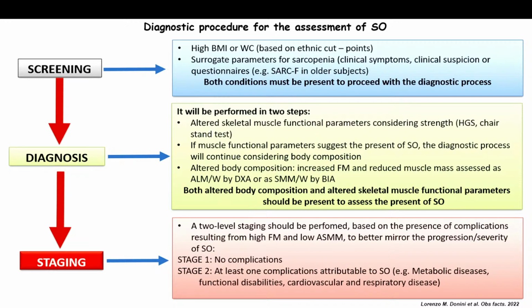When both altered body composition and altered skeletal muscle function parameters are present, then we should make a diagnosis of sarcopenic obesity. So this is the consensus till 2022. And then we stage the disease. If there are no complications associated with sarcopenic obesity, we say stage 1. And if there are other complications like metabolic disease, functional disability, cardiovascular risk, or respiratory disease, we say that it is stage 2.